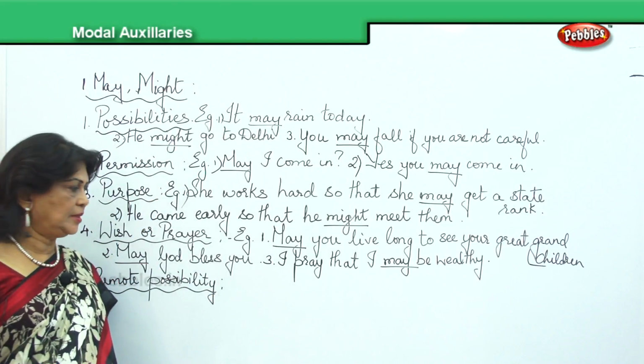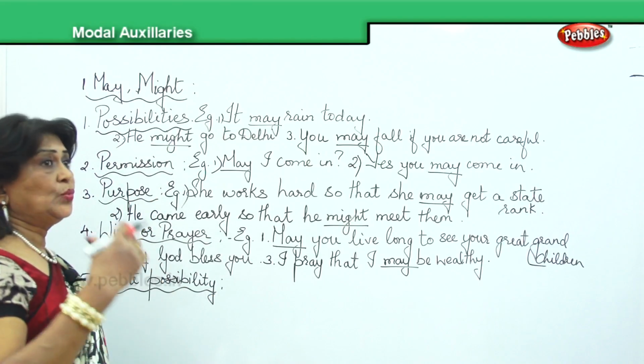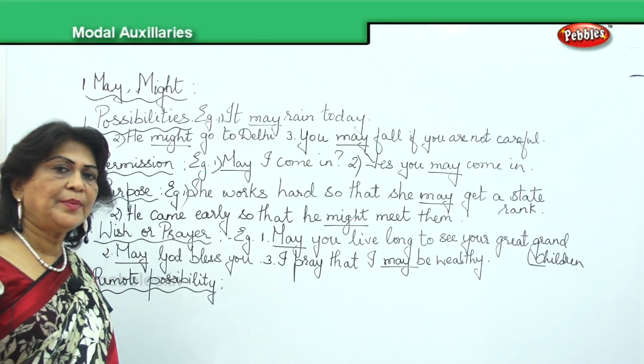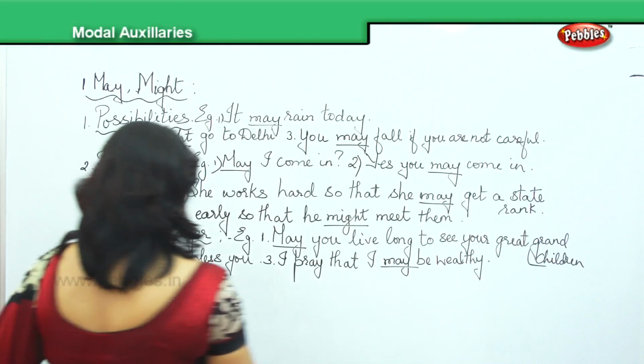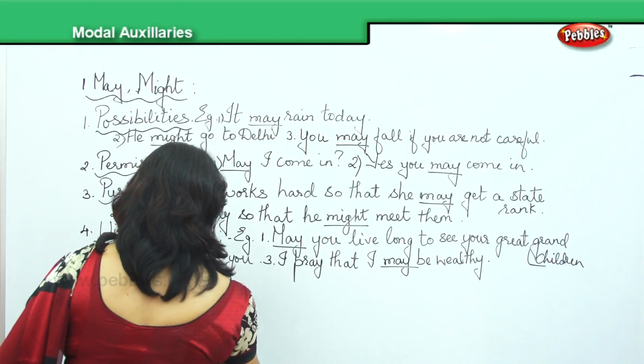Remote possibility. Okay, that is which may happen, which may not happen in future. Okay, so we will see some examples.